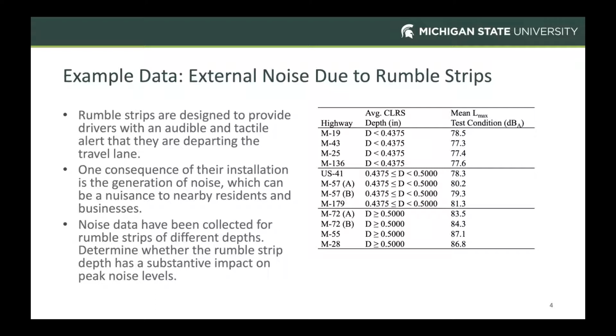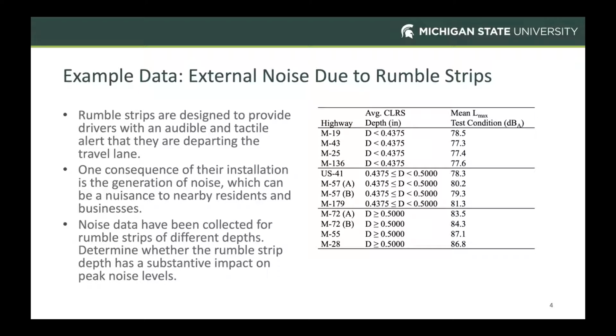We used the noise meter to measure the maximum noise that would occur when one of our student drivers would basically drive over the rumble strip, and we try to see how much noise would be generated as a consequence. And so we went through a number of replicates at each of the individual locations, and what you see in the table here are a series of the average peak noise levels that were experienced during those runs, okay?